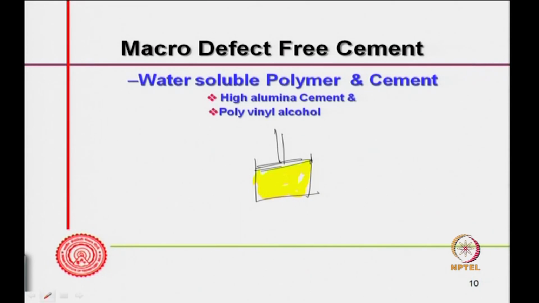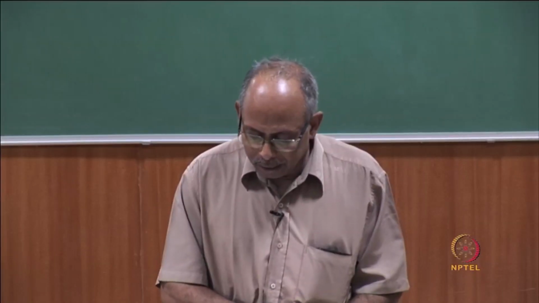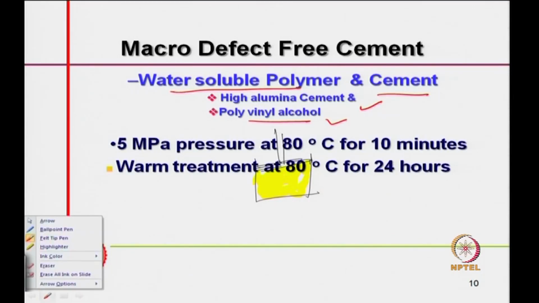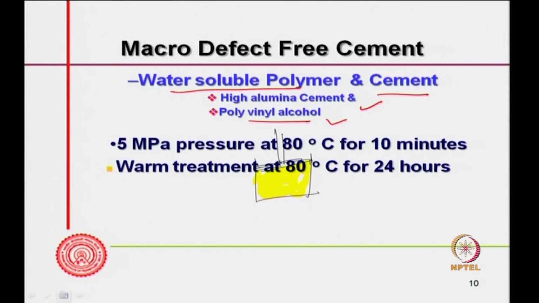It has been observed that with materials like high alumina cement and polyvinyl alcohol, PVA being a water soluble polymer, you apply 5 MPa pressure at 80 degrees centigrade for 10 minutes, and then give a warm treatment at 80 degrees centigrade for 24 hours, and the result is a very strong material.